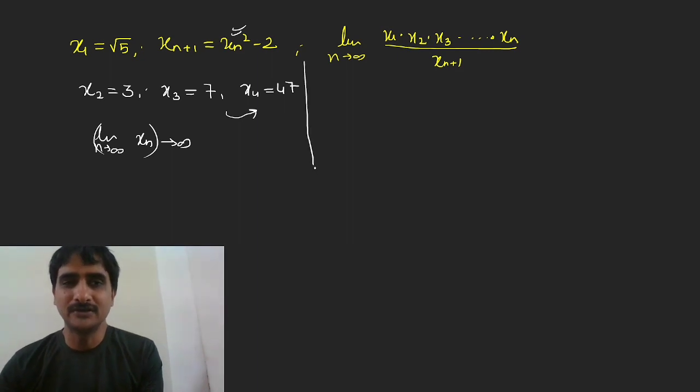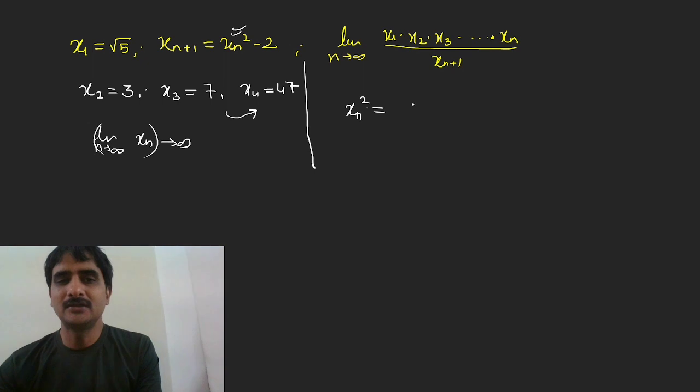So that's what I concluded from here. Now see what I did. I wrote xn square as nothing but xn plus 1 plus 2. So xn is under root of xn plus 1 plus 2, since all the numbers are positive.